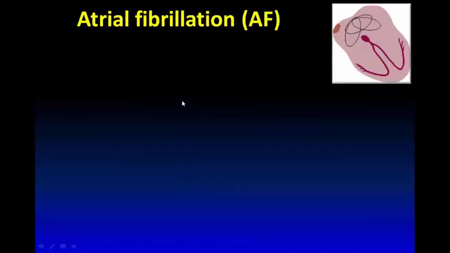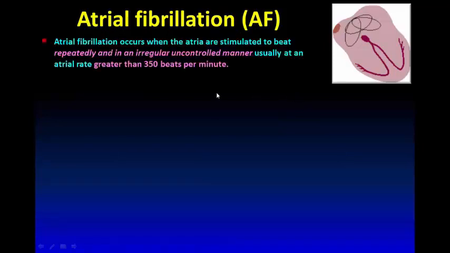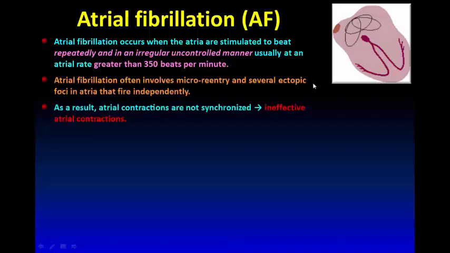Now let's describe what atrial fibrillation, AF, is. Atrial fibrillation occurs when the atria are stimulated to beat repeatedly and in an irregular and uncontrolled manner, usually at an atrial rate which is greater than 350 beats per minute.